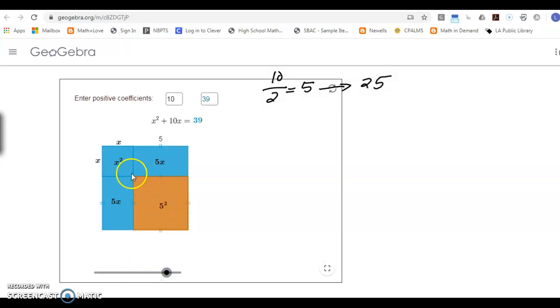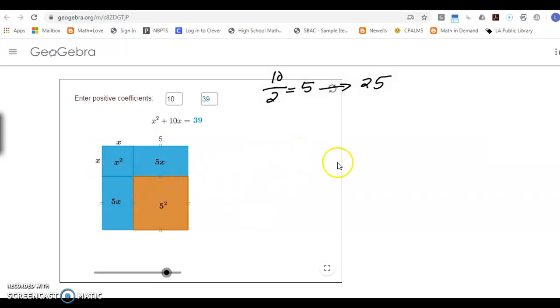There you go. So this is 5, so 5 times 5 is 25. That kind of explains why it's called completing the square, because this entire shape here is actually a square with sides x plus 5 and x plus 5.